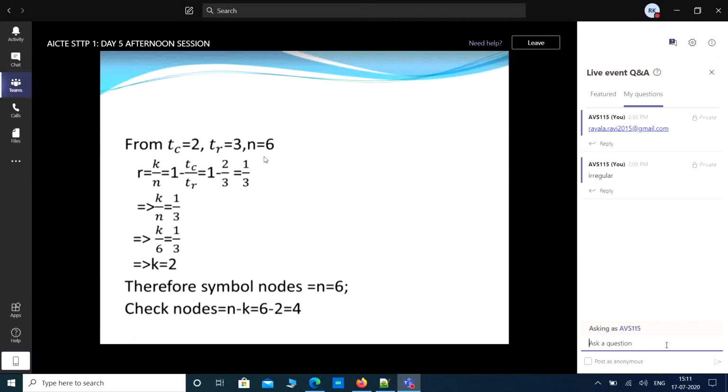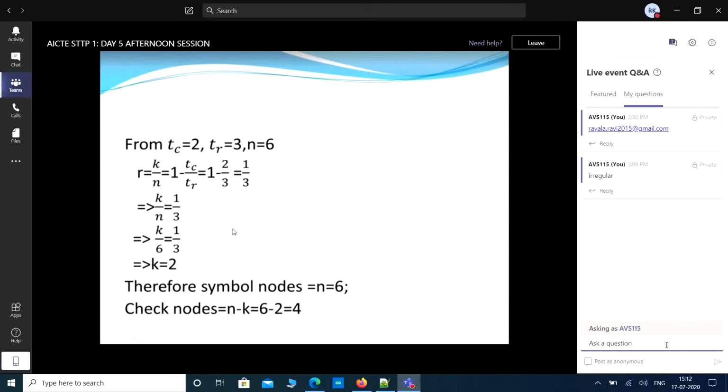If they are not given directly, you can note them from the parity check matrix, or you can prepare your own parity check matrix with the help of trial and error method, and generate your own regular LDPC parity check matrix. So R is equal to K by N, which is 1 minus tc by tr. With tc equal to 2 and tr equal to 3, R is 1 by 3, and with N equal to 6, K is equal to 2 information bits.